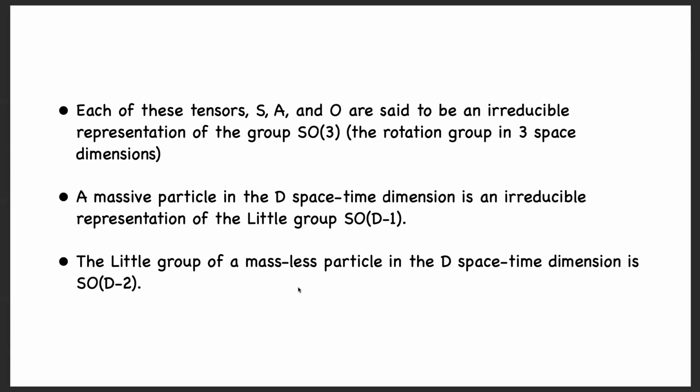In D space-time dimensions, the little group for a massive particle is SO(D minus 1), and for a massless particle it is SO(D minus 2), the special orthogonal rotation group. So any particle will be a representation of some of these SO(D).